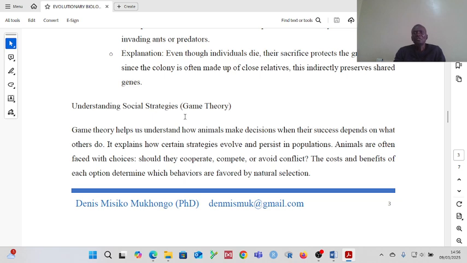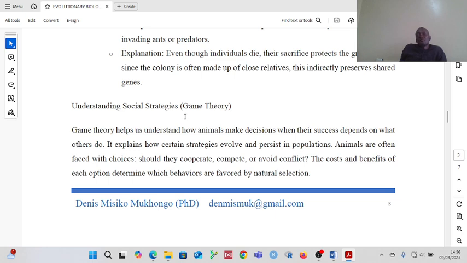So for you to make that choice, whether you want to cooperate, to compete, or even avoid that conflict, it all depends on the costs and benefits of each option.